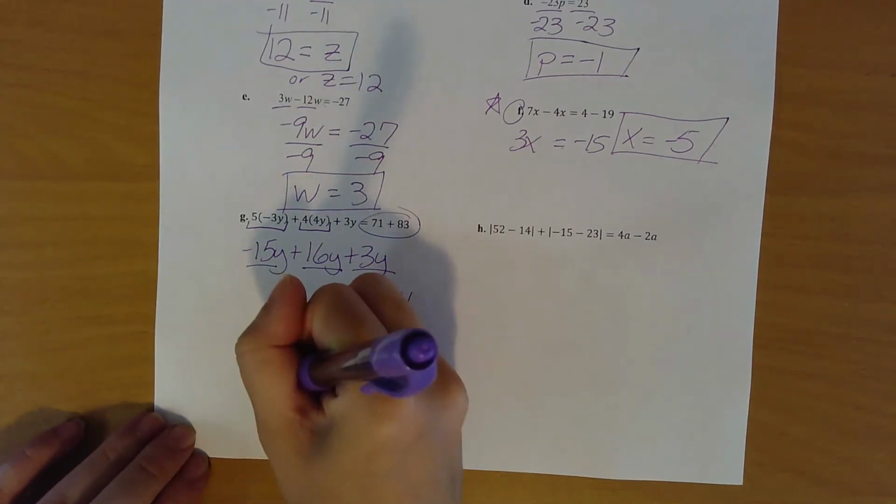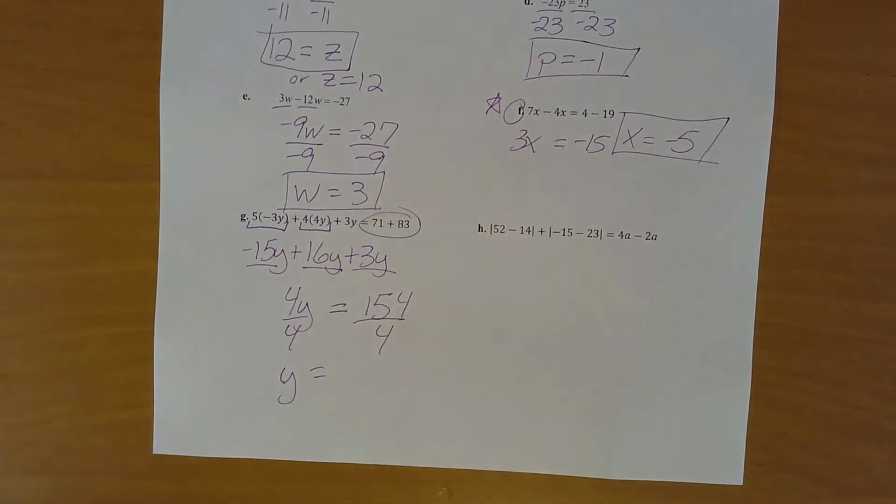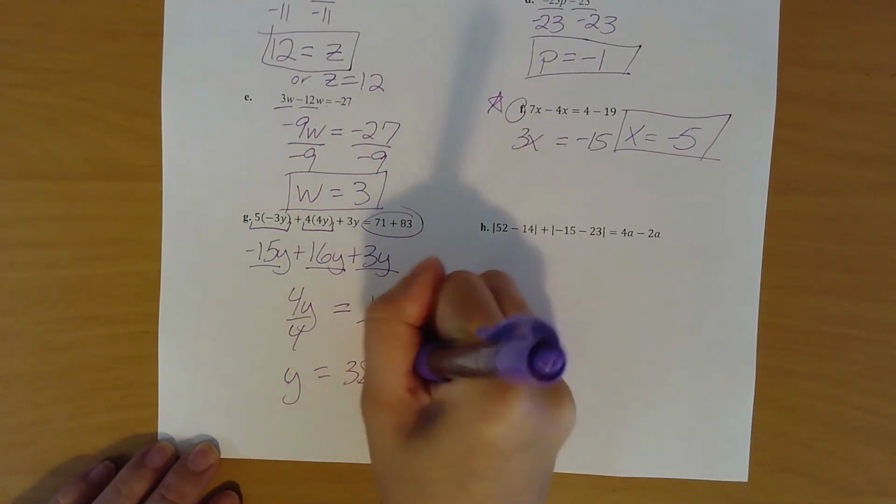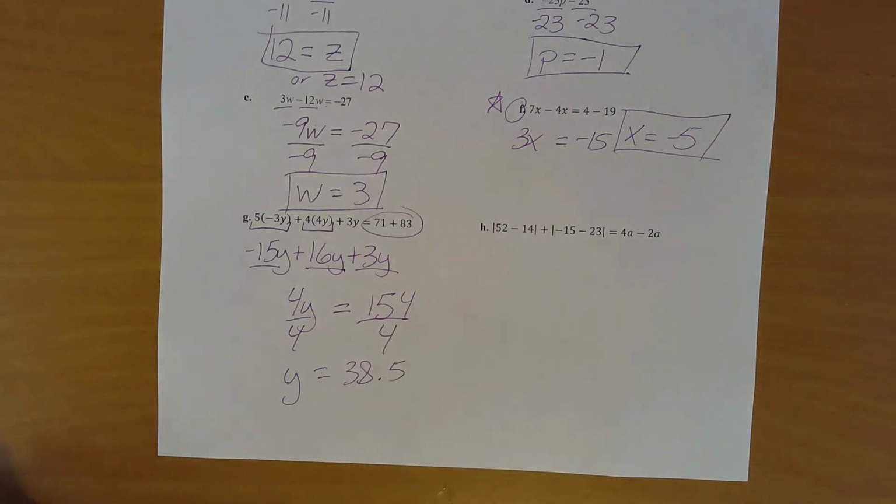So then I'll have a y on this side, and on the right side I should be doing 154 divided by 4, and I feel like I did something wrong, but I got 38.5, which we haven't gotten to yet. So I think I might have made a typo somewhere in here, but that's the right answer for this equation.